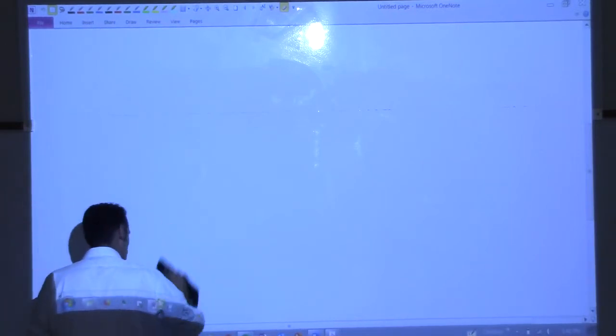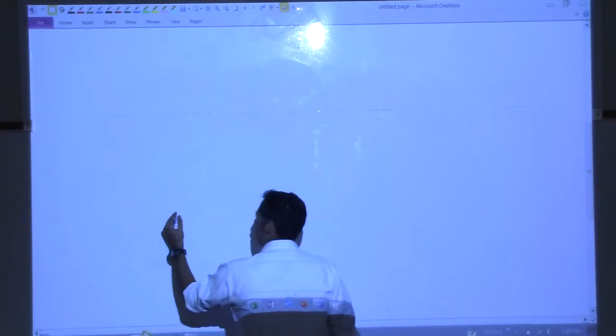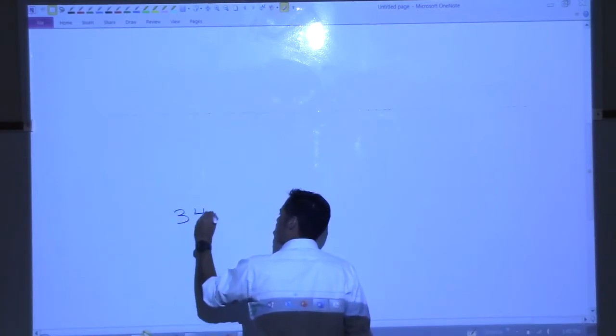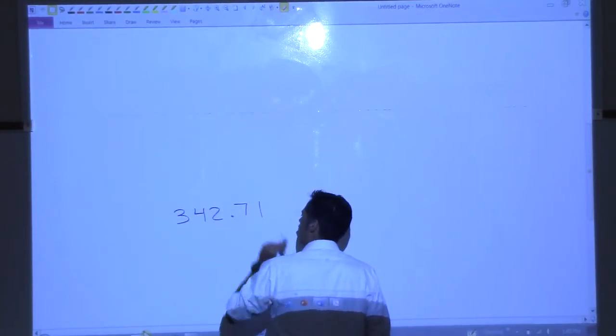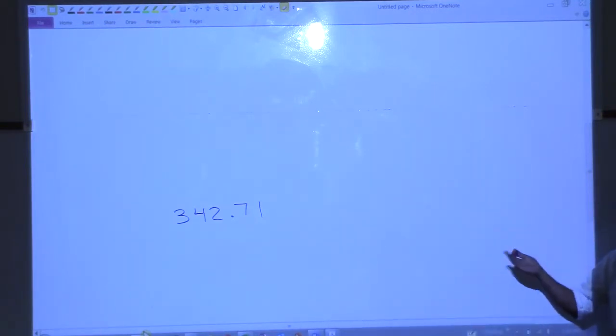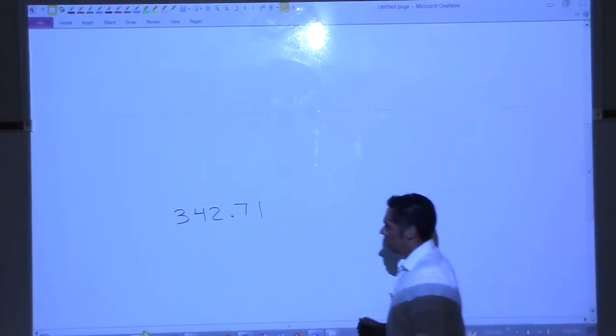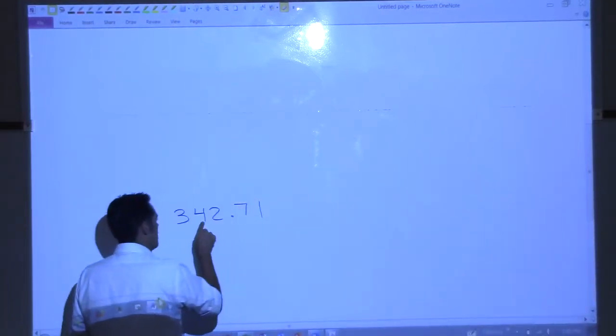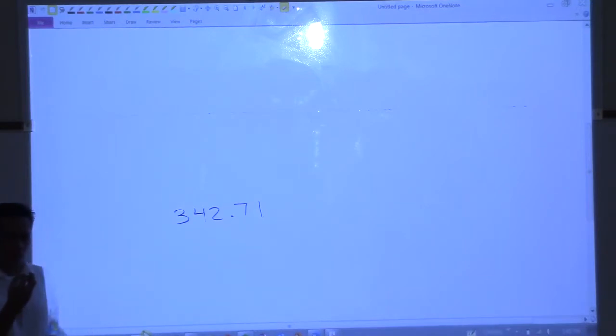We have a little bit of time to talk today about this. All right, so look, when you write the number 342.71, we all have a good idea of what that means because we've been dealing with this our whole lives, right? What this really means, though, is this. Each of these numbers represents some sort of quantity.